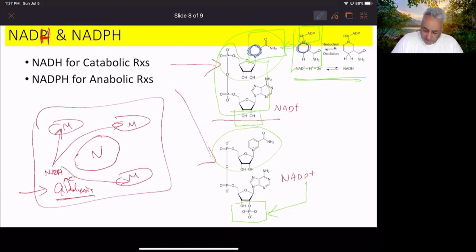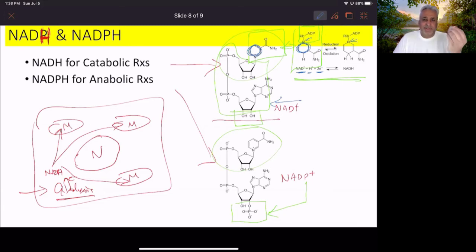So here's the general equation, NAD plus, which is this form here. Then in the appropriate location within the cell, when electrons are liberated by a chemical reaction within the vicinity, 2 electrons are picked up, as well as a proton. And if you look very carefully, you'll see there's a plus sign here originally next to the nitrogen, and that plus sign has disappeared because of the capture of one of those electrons.